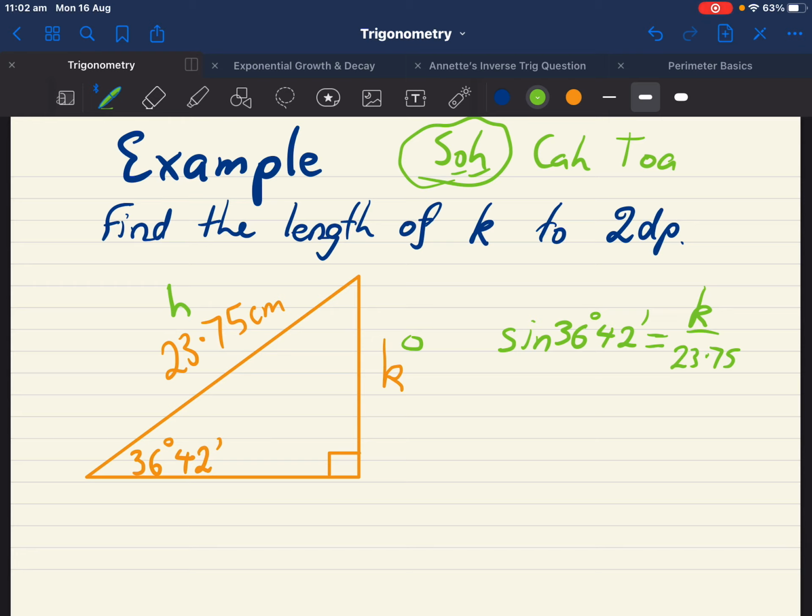Final step, are we timesing or dividing for this question? Well, K is on top, right? And remember, top means times. Just think of your alliteration. And so to find the value of K, it'll be 23.75 times sine 36 degrees, 42 minutes.